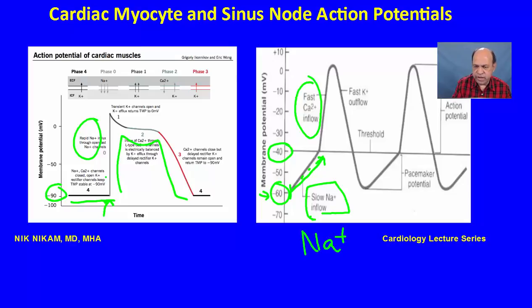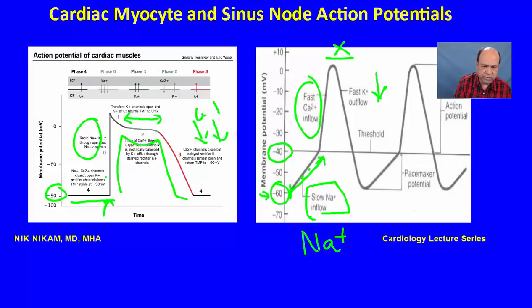There is a sudden influx of calcium which leads to the action potential, and we don't see that plateau in the sinus node or the pacemaker action potentials as we see here in a myocyte under normal circumstances. And again, this is followed by a fast potassium outflow, whereas here it is followed by a calcium channel and also by potassium channels.